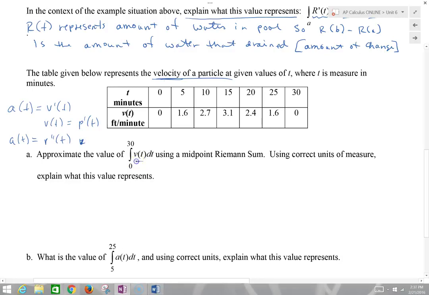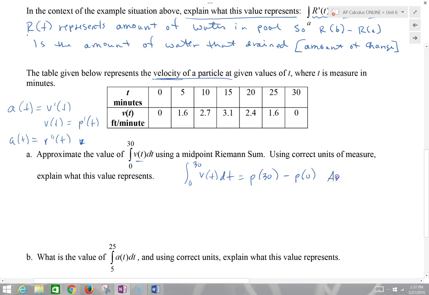So velocity is a rate, so when we take the integral from 0 to 30 of the rate, that's going to be equal to the position at 30, subtract the position at 0.